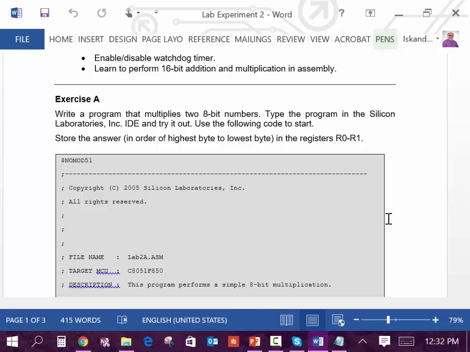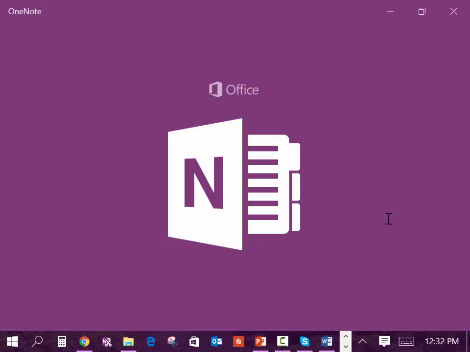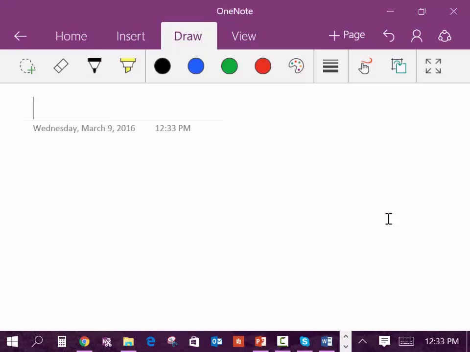But your code is going to look fairly straightforward. So we say that R2 and R3 contain the two numbers to multiply.